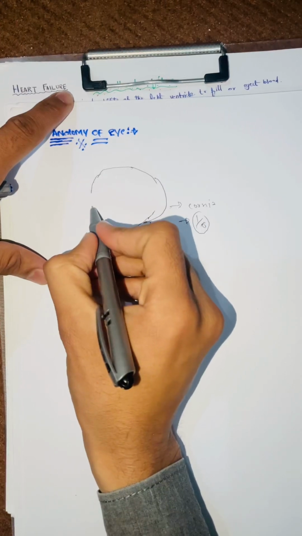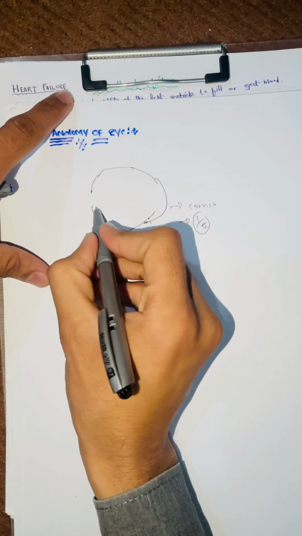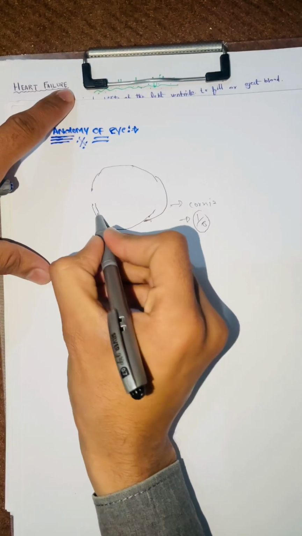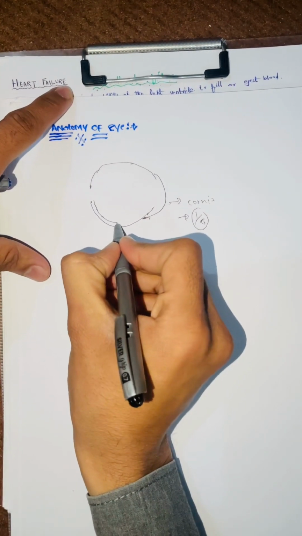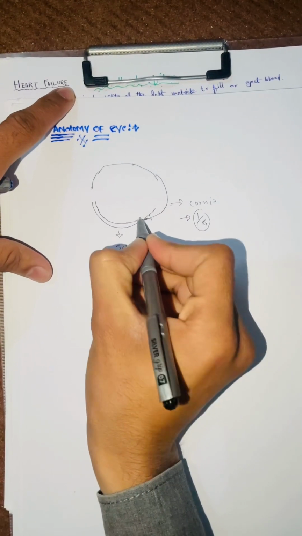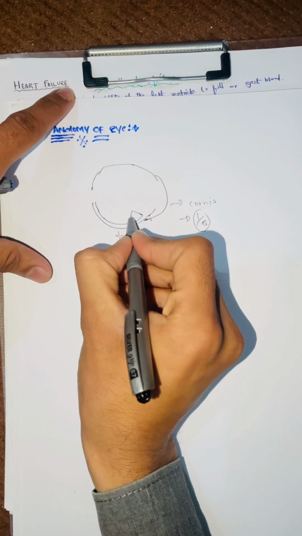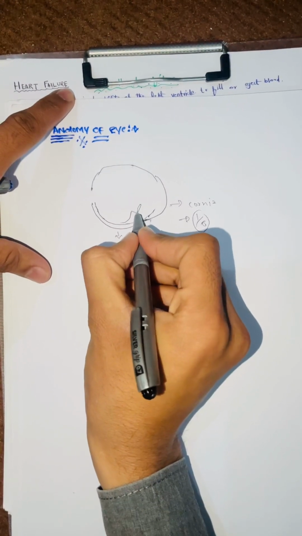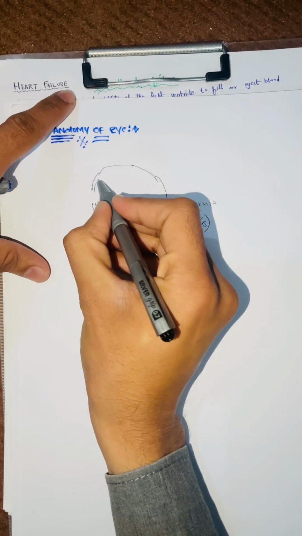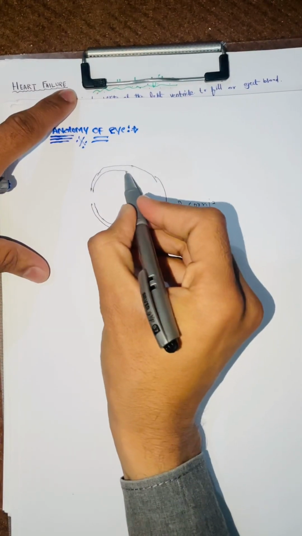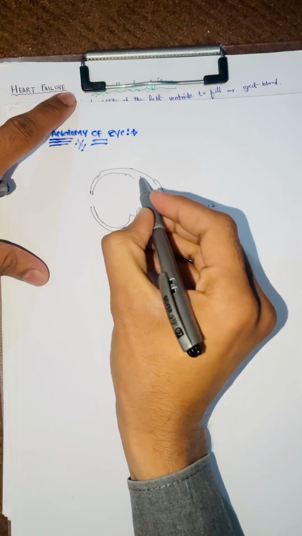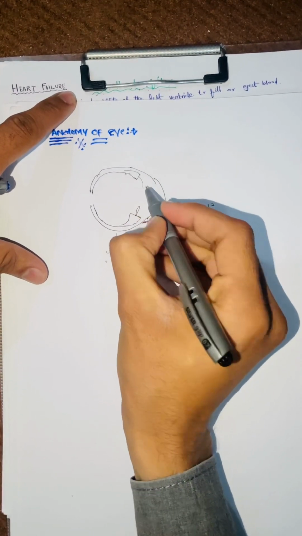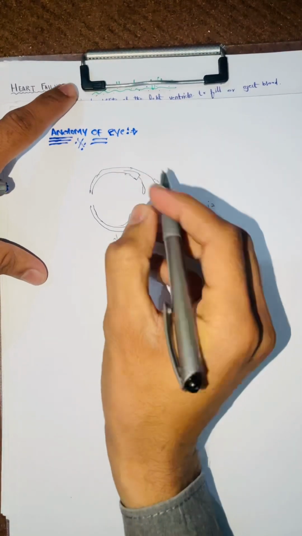Now we have come to the second part, which is the nutritional layer, and consists of three parts. The one is the choroid, the second one is the ciliary body, and the third one is the iris. This one is the choroid, iris.